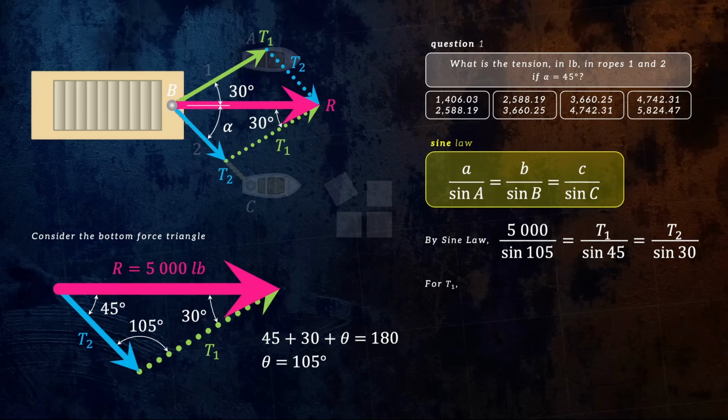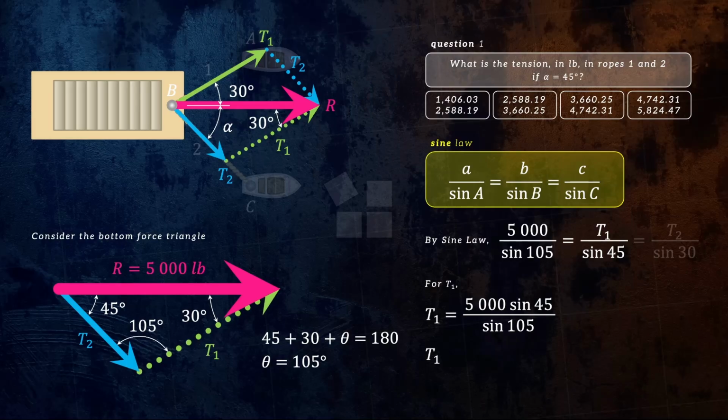Solving first for T1, we can temporarily disregard the third term. From what's left, we can multiply sine 45 at both sides of the equation. Doing so will cancel the sine 45 at the right term where T1 is, which will leave us with T1 equals 5,000 times sine 45, which is the sine 45 I just multiplied at the left term and brought up at the numerator, over sine 105.